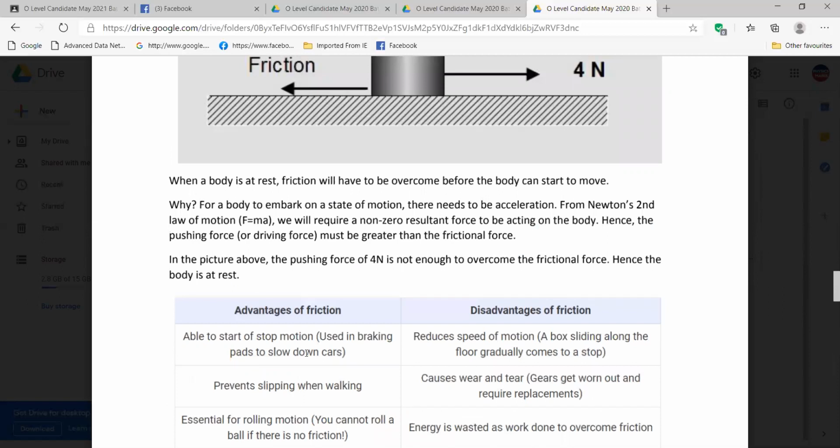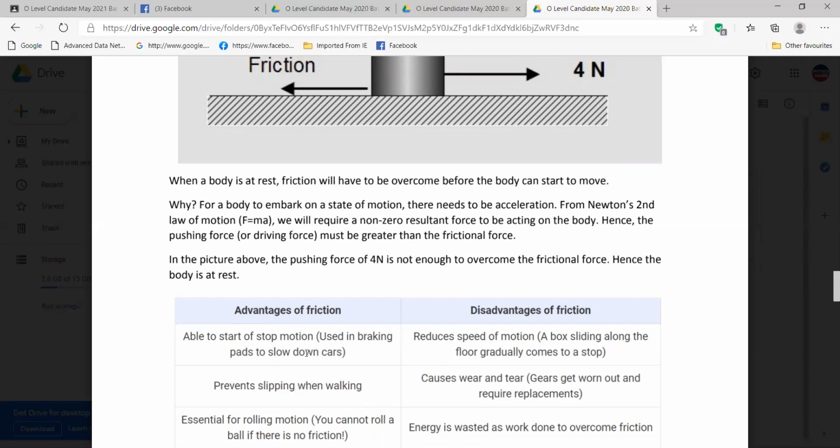Okay, for a body at rest, the resultant force is zero. When the object is moving, there is friction with the surface, and at that time we get frictional force.